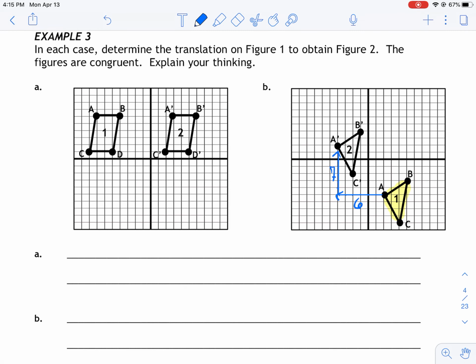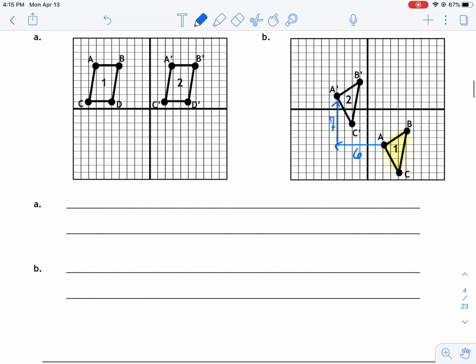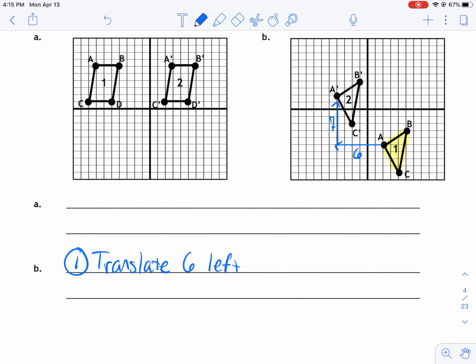Okay, so one option, and there's actually an additional answer for problem B. One option is to translate 6 left and 7 up. Okay, so there's one option for that one.